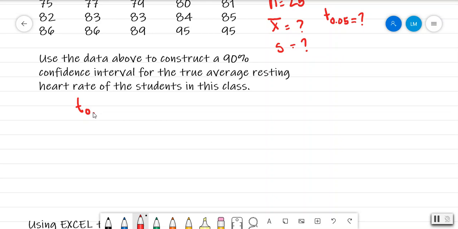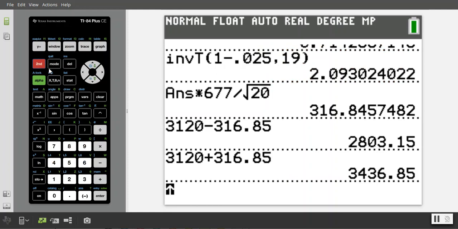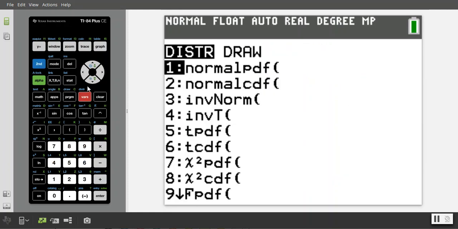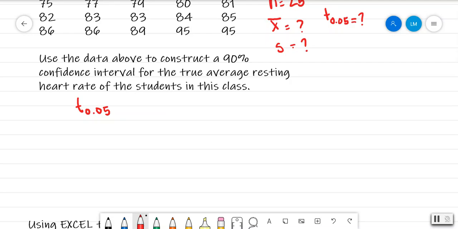So t equals t.05. If we do second vars, and then go to inverse t, really all that you need is 1 minus 0.05.